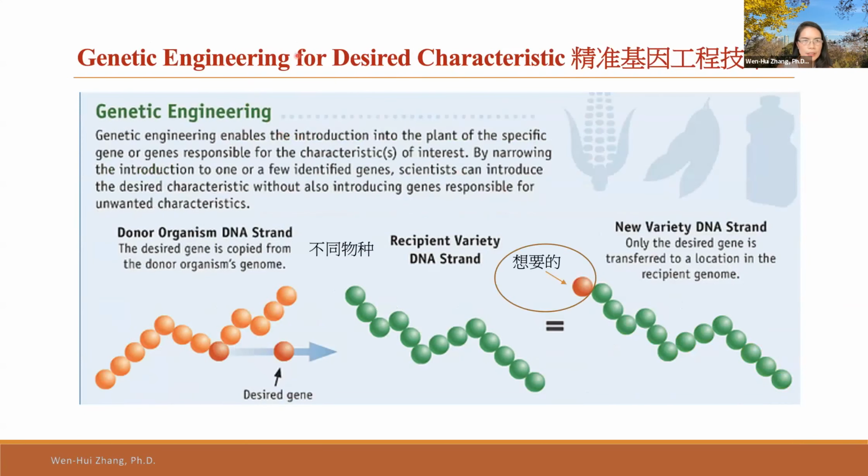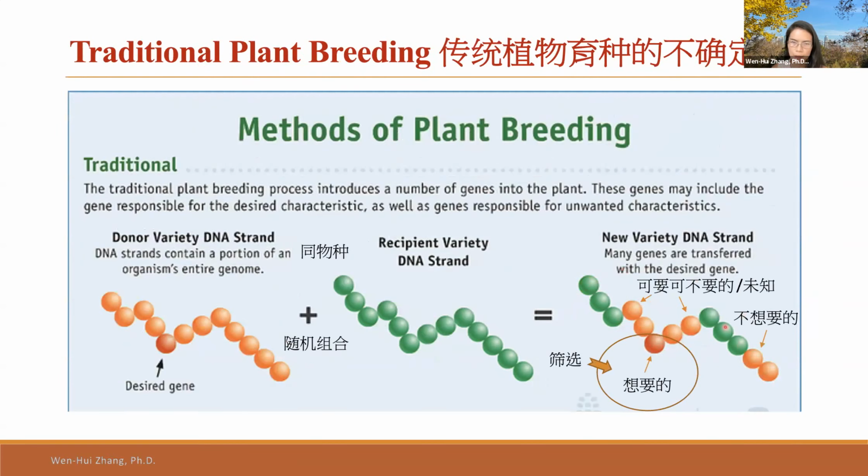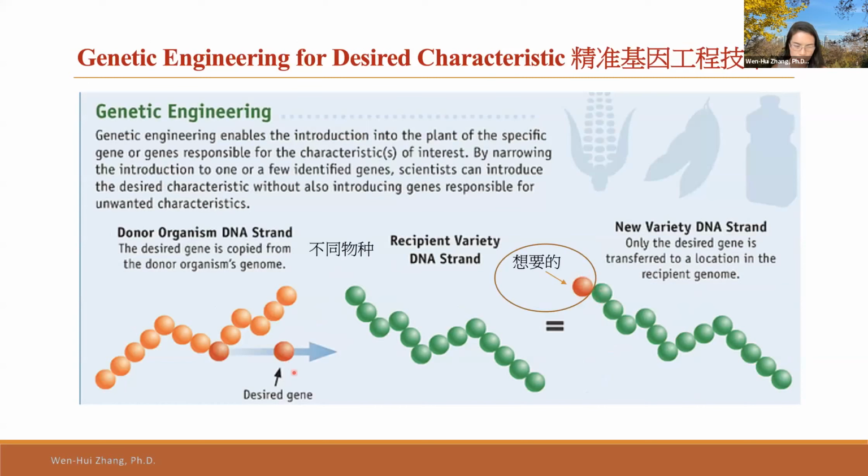And for genetic engineering, I just cut out this fragment with the desired gene and insert it into the recipient DNA. So you only have the desired gene inserted in the recipient. In breeding, you have all sorts of unknown DNA inserted. This one only has the known desired gene inserted. So actually it's more accurate, without unwanted characteristics.